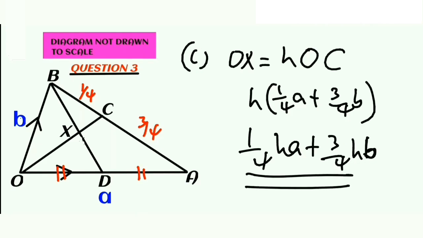So question D: using the two expressions for OX, find the values of H and K. For us to find the values of H and K, we have to equate the two equations for OX.